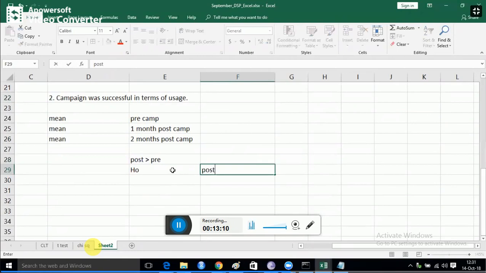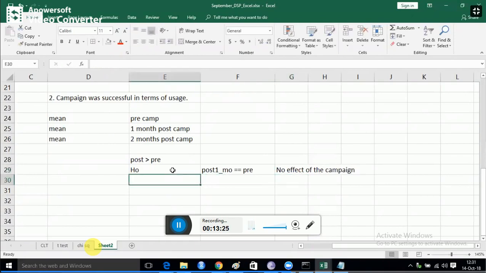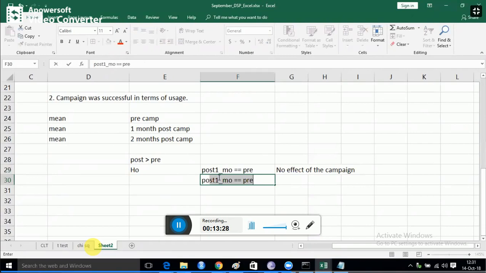Post 1 month equal to pre, which means no effect of the campaign. Is that understood? And this one, post 1 month should be greater than pre. Good effect. Good effect in the first month itself.